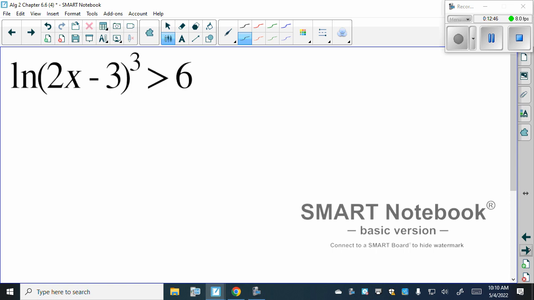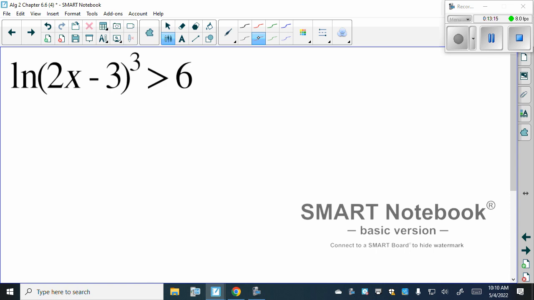Let's look at this one here. The natural log of 2x minus 3 cubed. And that cubed is attached to the 2x minus 3, not the natural log. What can we do first? It'd be very tempting to say cube root both sides.